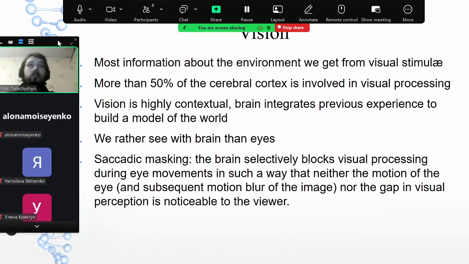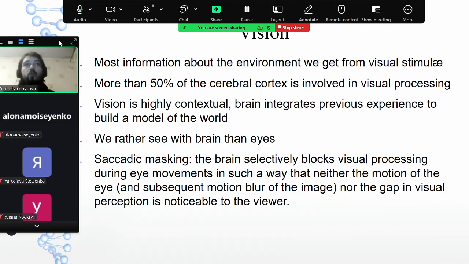Vision is really, really important for us. Most information about the environment we get from visual stimuli. I can't give you exact percentages, and I think all these estimations are a bit flaky, but if you wish, let's say 90% of the information about the surrounding environment comes from vision.